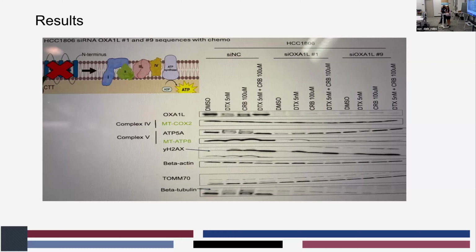Those were all controls to show that we have equal amounts of the proteins in each of the wells here. And then gamma H2AX is more of a special case. It's also a control, but it also shows which of the conditions were treated with the chemo.